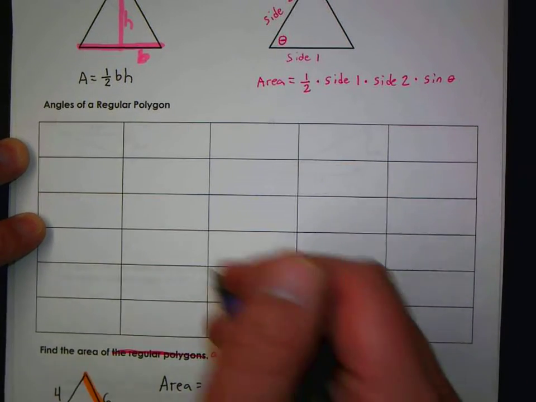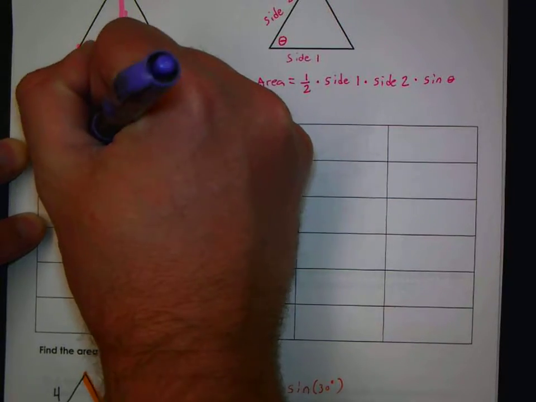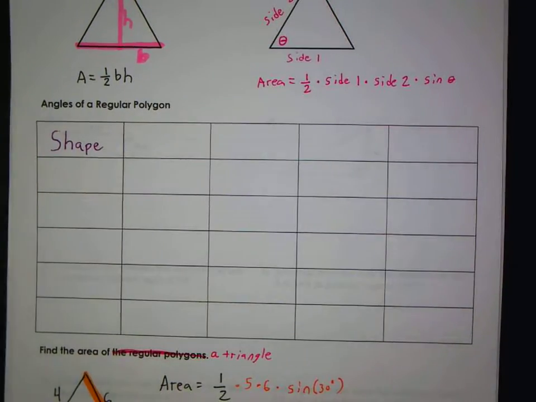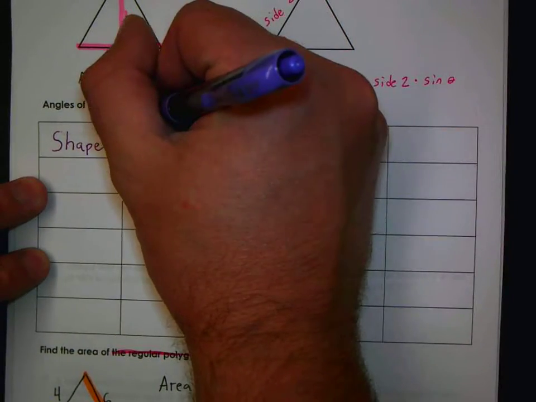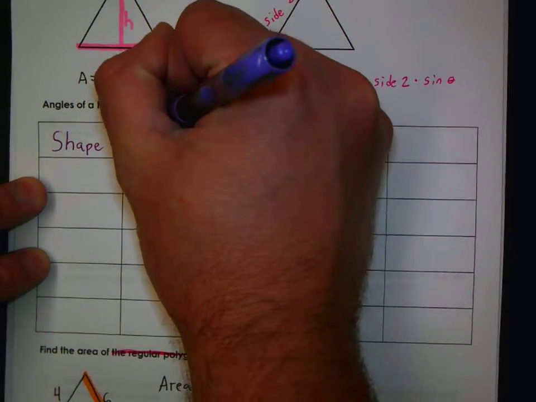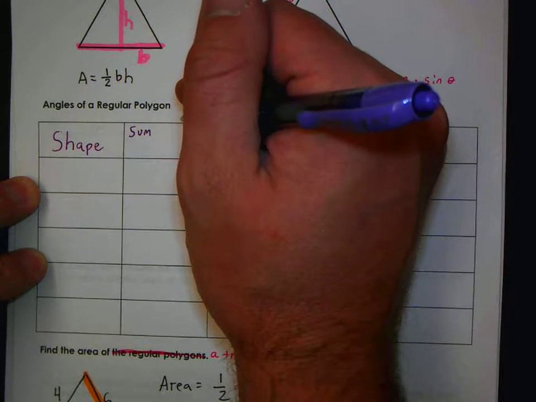Let's start with, we'll make this be our shape. We'll let this column be the sum of the interior angles.